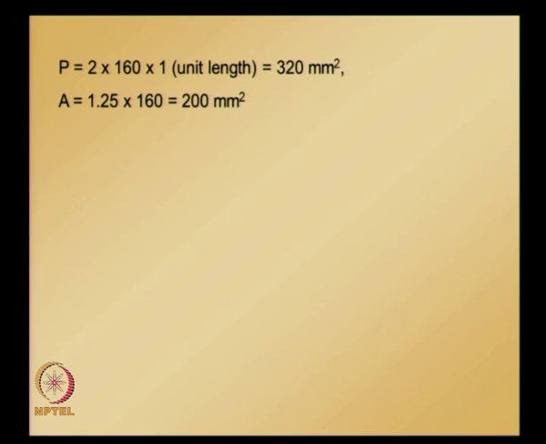Thickness of rectangular fin is given as 1.25 millimeters, and width is given as 160 millimeters. So we can find area of cross section.